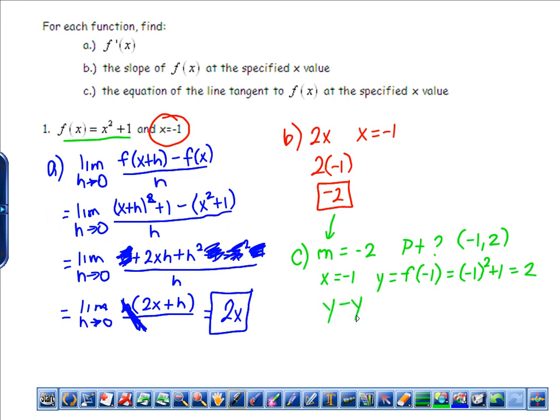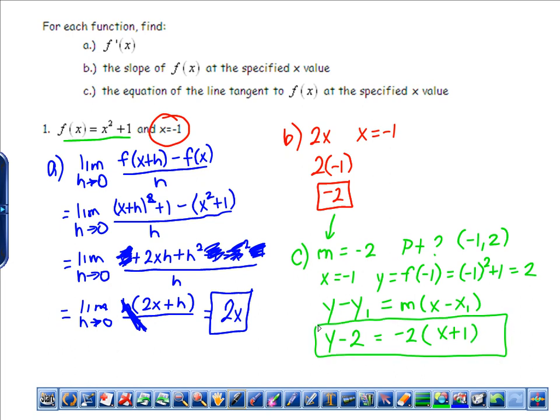So if you remember, y minus y1 equals m, parentheses, x minus x1, we're going to plug that in to find the equation of the line. So I have y minus 2 equals -2 times x minus -1, or we could say x plus 1. And the best part about calculus is you get to leave your line that way. You don't have to simplify it.